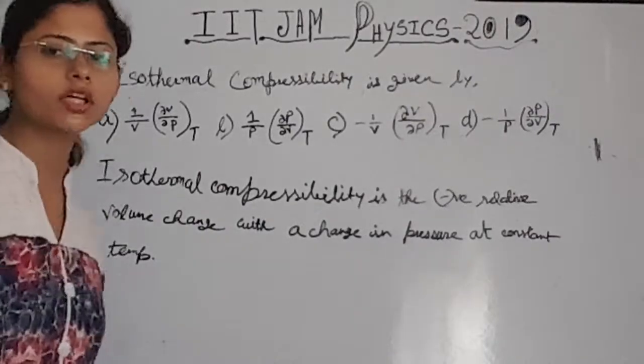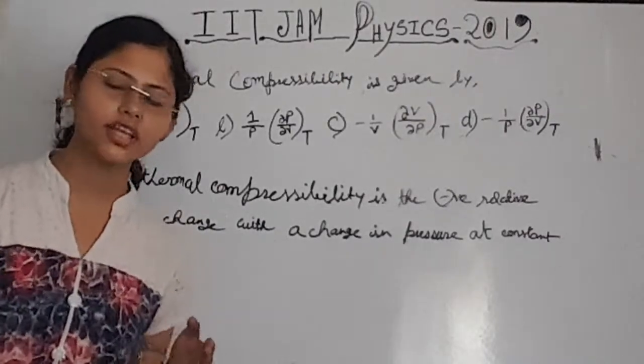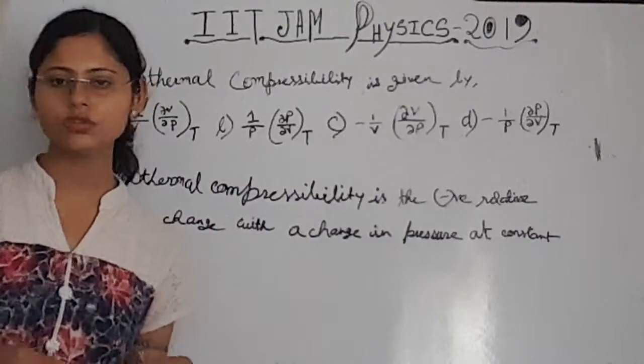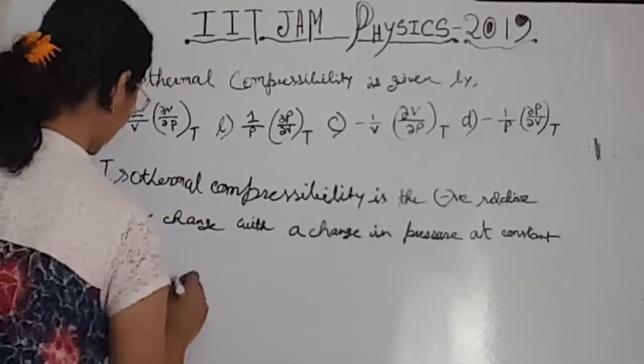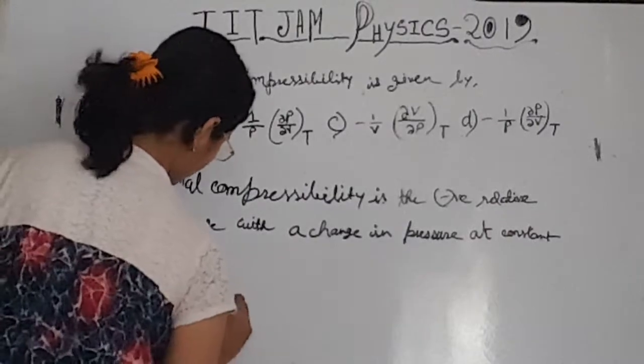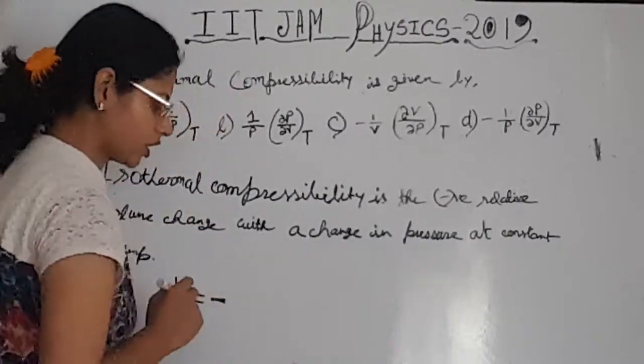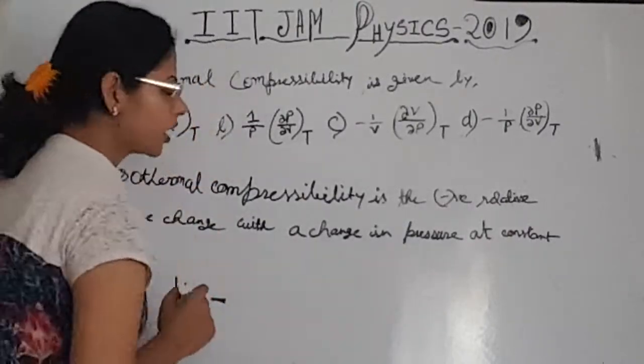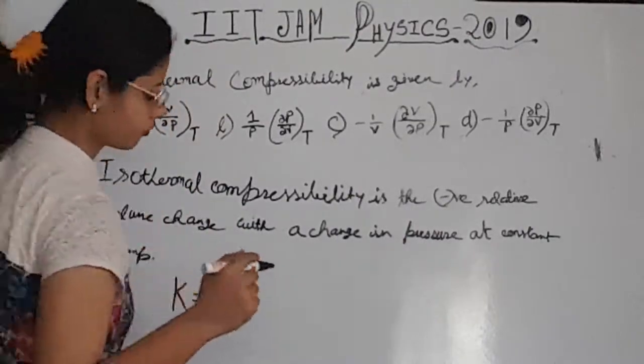So isothermal compressibility can be written as K equals minus of the relative volume change with the change in pressure.